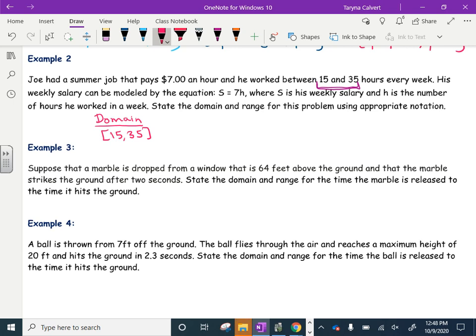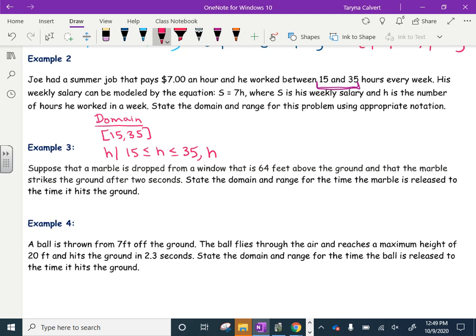Now with this, I actually want to have a conversation. I'm going to write something down and then we're going to talk. So h such that 15 is less than or equal to h, which is less than or equal to 35. And now this is the piece I want to talk about.